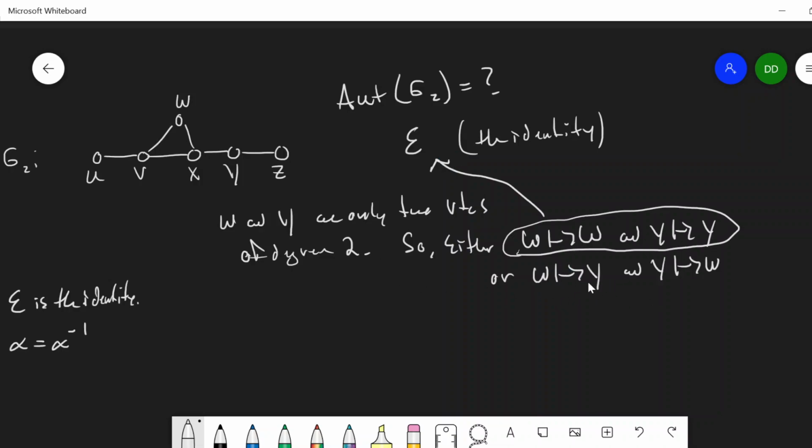Now, what if W gets sent to Y and Y gets sent to W? If I swap those two, that's going to be an issue because Y is adjacent to a vertex of degree 1. However, W is not adjacent to a vertex of degree 1. And so this does not lead to any automorphism.